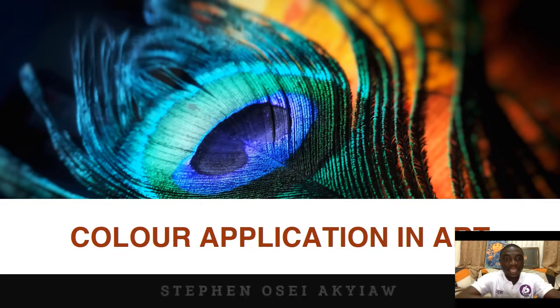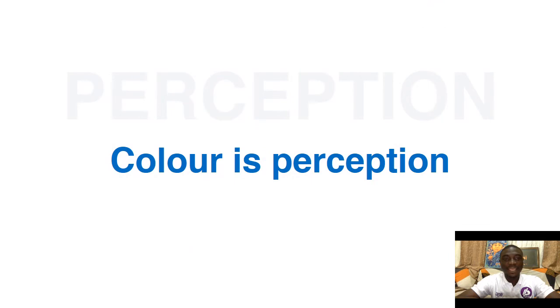Color is perception. Color is perceived when light strikes an object and reflects it to the eye. Our eye sees something, for example, the sky.